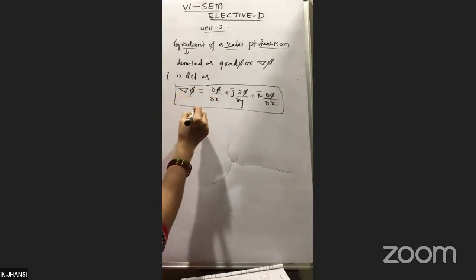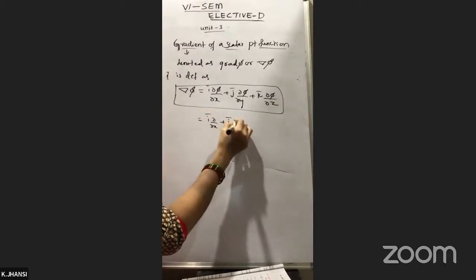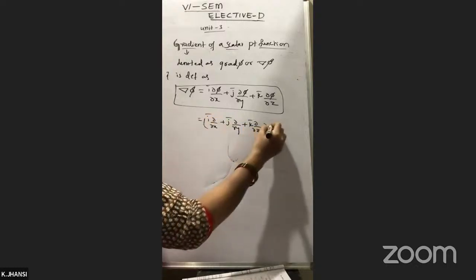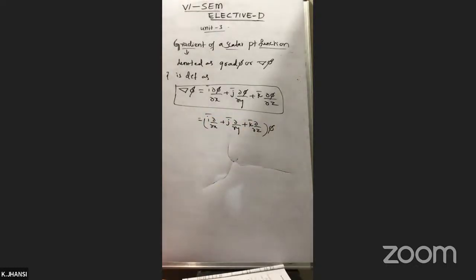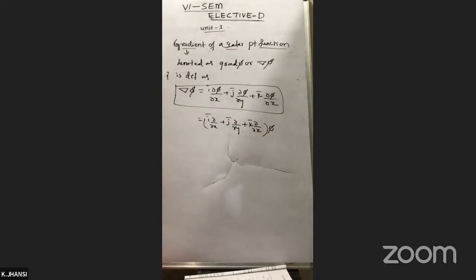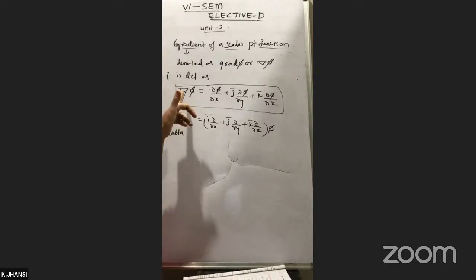We can write either like this also, i into ∂/∂x plus j into ∂/∂y plus k into ∂/∂z, and you write phi outside. So only this part will be del and this is phi. This is a vector differential operator, which we call del or nabla. In solving many problems, you get this.